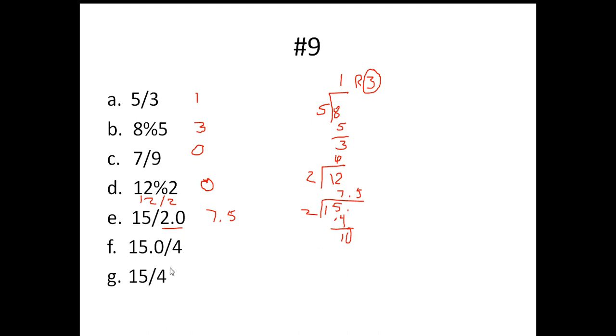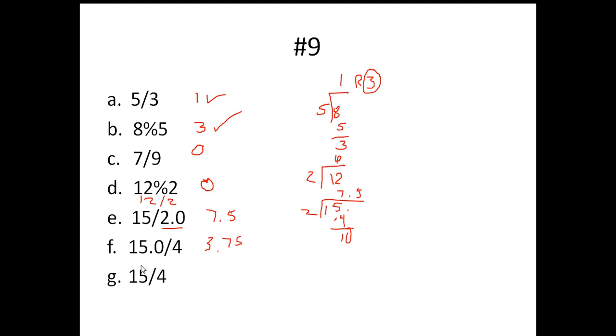The next one again has one of the operands as a decimal. 15 divided by 4.0 is 3.75. If you do that in the calculator, you would use it. Whereas with the integers, you would only use the integer, not the decimal.